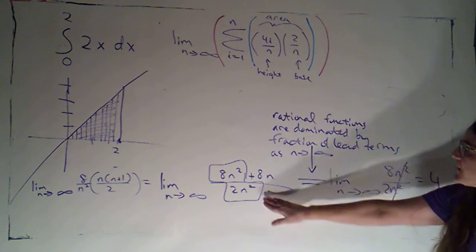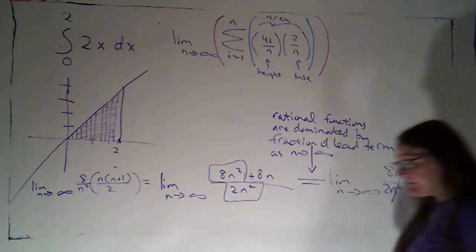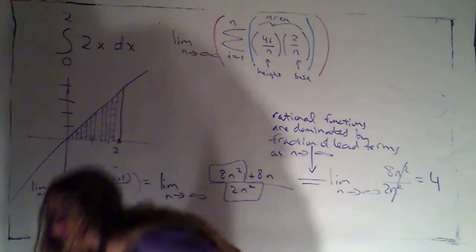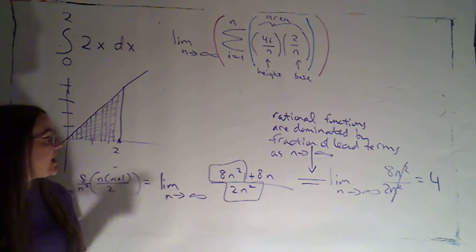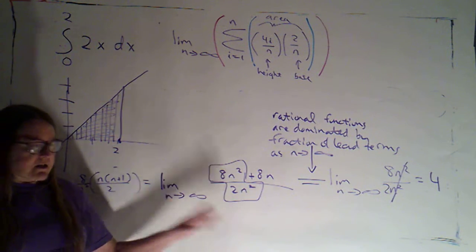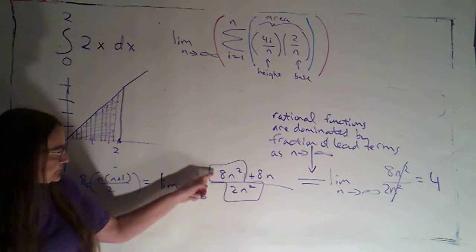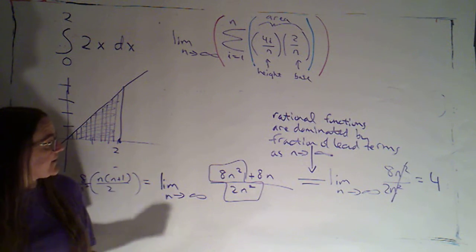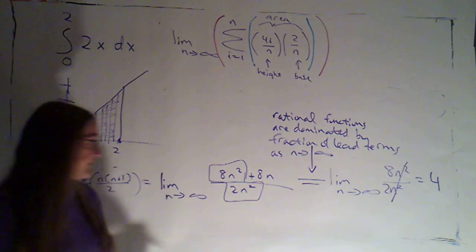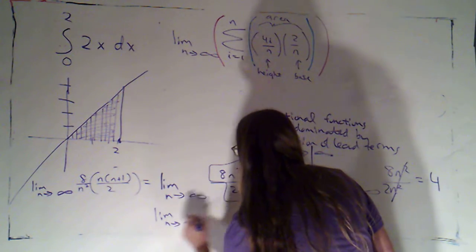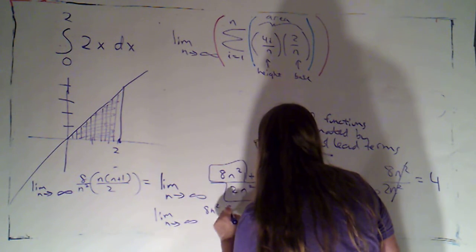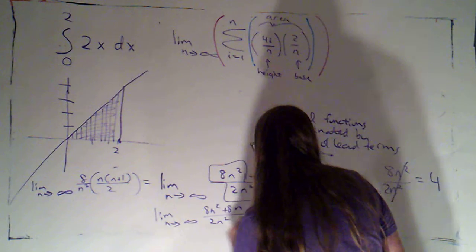Okay. One thing to point out with this limit, it's a nifty shortcut that you can use for rational functions, that you can just take a look at the fraction of the lead terms. Way back when we did this, before we knew L'Hopital's rule, we figured we could formally justify this if we wanted to. I could say this is the limit as n goes to infinity of 8n squared plus 8n over 2n squared.